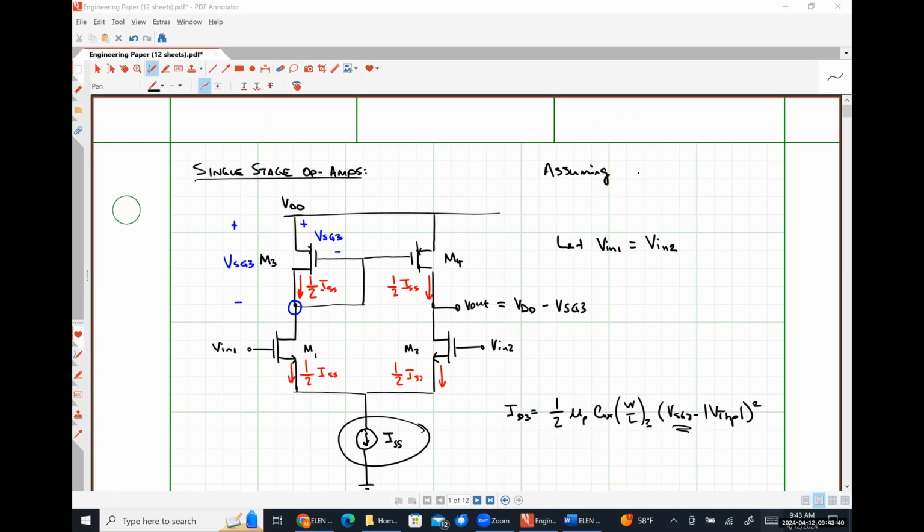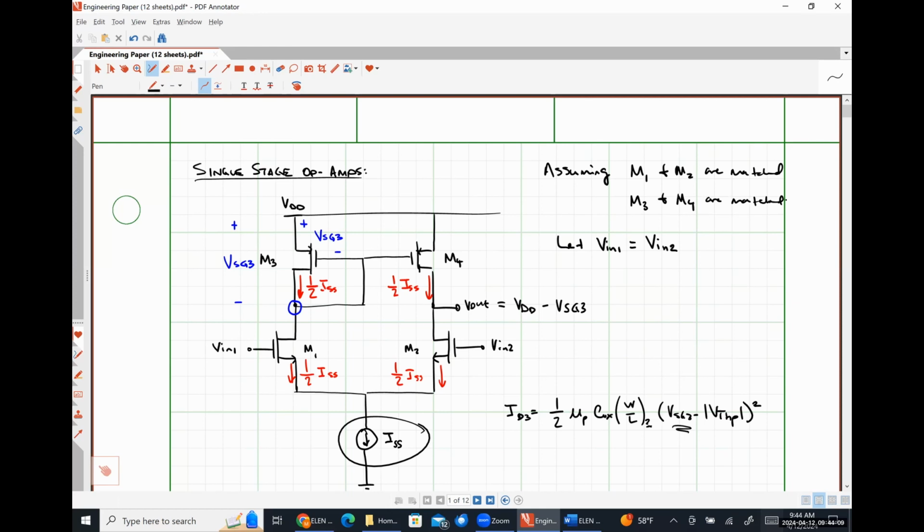So assuming M1 and M2 are matched, and M3 and M4 are matched. So all of our PMOSs need to look like the other PMOSs, and all of the NMOSs need to look like the other NMOSs. Absolutely correct. Thank you for mentioning that.